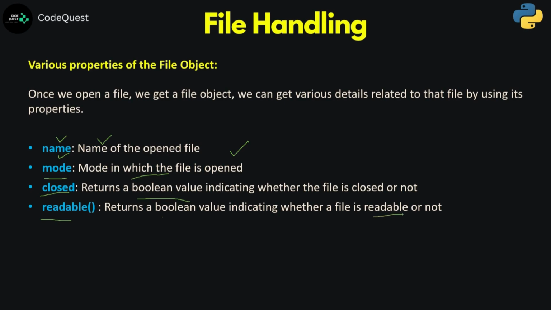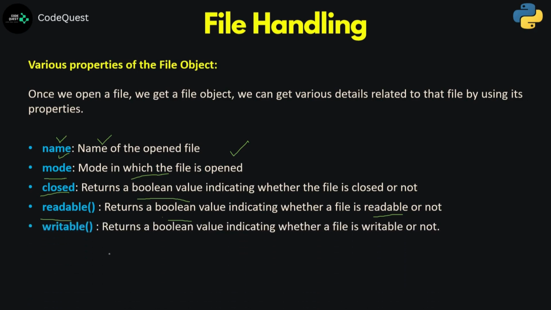I mean, can you read it? Because when I'm opening a file in write mode, I cannot read it. I can only write there. So the readable function is going to check whether the file you have opened is readable or not. Once again, this also returns a Boolean value. If it is readable, it will be true. If it is not readable, it will be false.